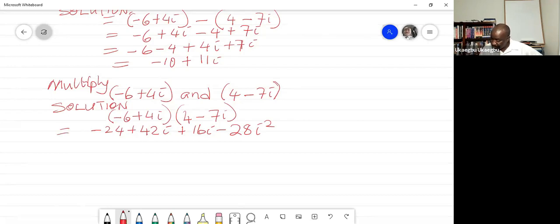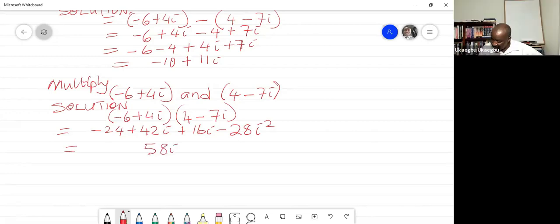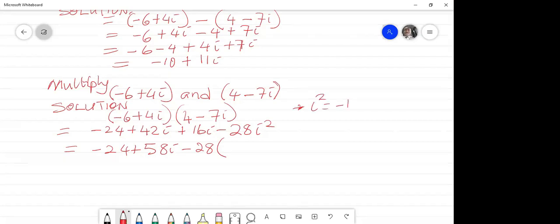Now let's see. 42i plus 16i gives us what? 58i. Then we still have negative 24 plus negative 28i squared. Remember that we earlier said that i squared is negative 1, right?